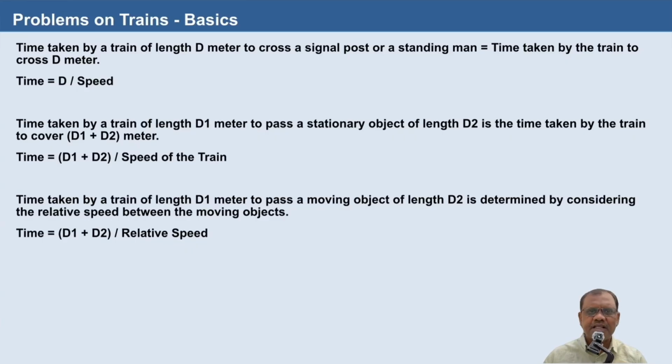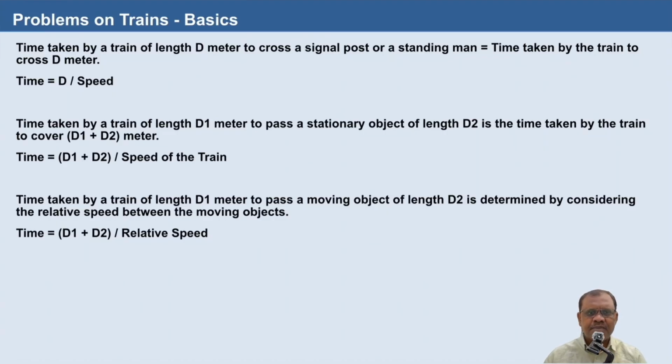And the time taken by a train of length d1 meters to pass a stationary object of length d2 is the time taken by the train to cover d1 plus d2. The stationary object can be a platform or a bridge or anything, so it should have some length. To cross that object, the distance to be covered is the length of that object plus the length of the train, divided by the speed of the train.